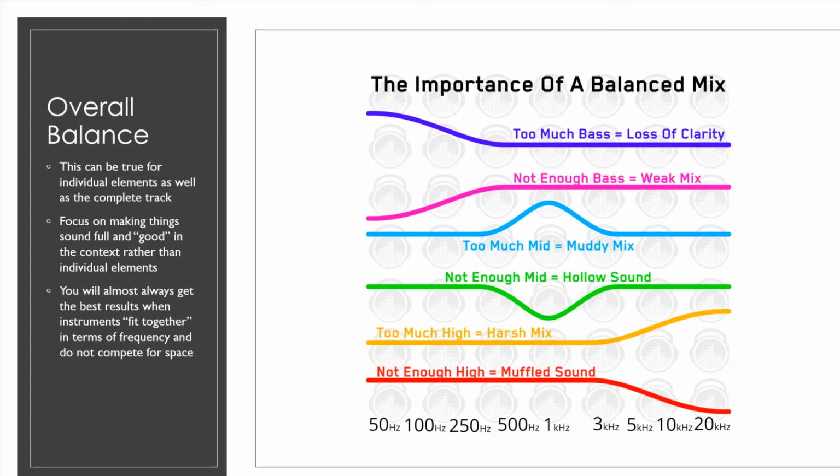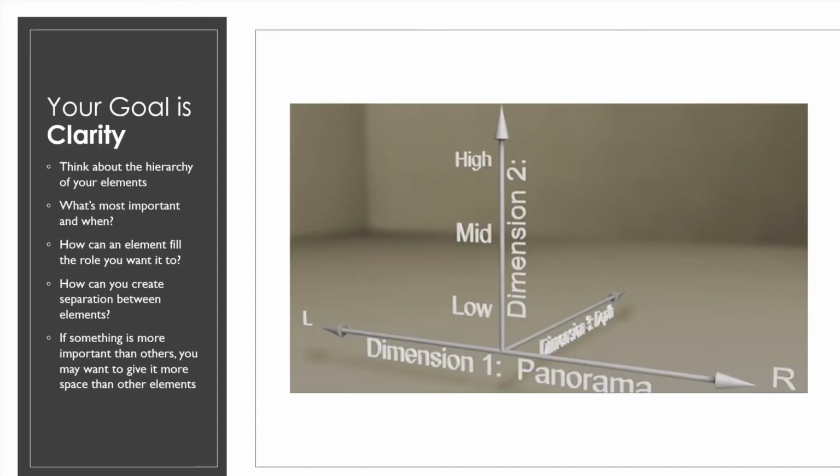But in the context of every other instrument taking up the lows and the highs and whatever it happens to be, having the guitar solo sit where it does with everything else is what makes the guitar solo sound so good. So you want things to sound good on their own, but what's far more important is making sure that things sound good in context with everything else. So always make sure to be mixing things in context and make them fit together well, as opposed to just making one thing sound good.